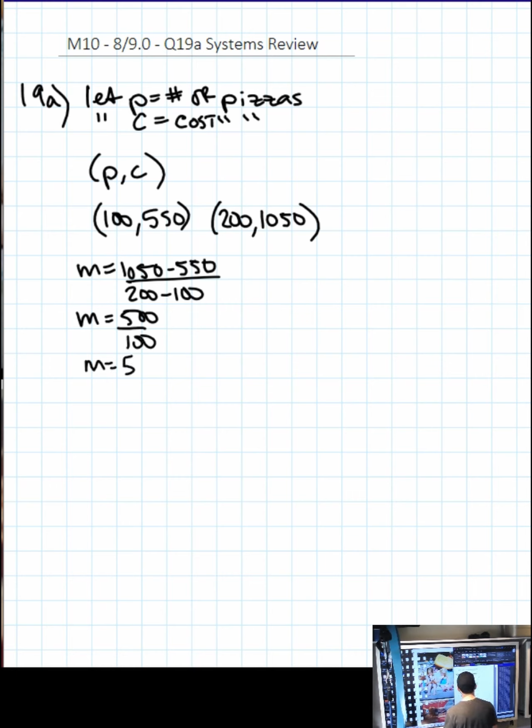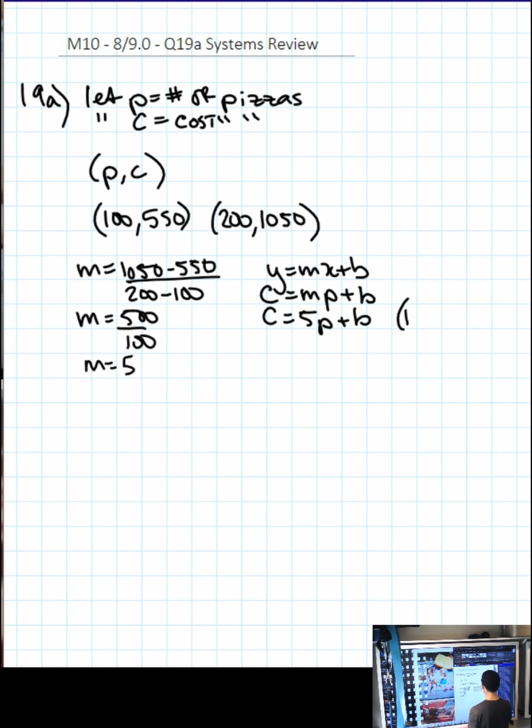So then, taking that equation and putting it into y equals mx plus b, changing our variables, we have C equals MP plus B. Taking our m value that we just figured out, C equals 5P plus B. Then taking our simpler point, 100 comma 550, and substituting it in for x and y.